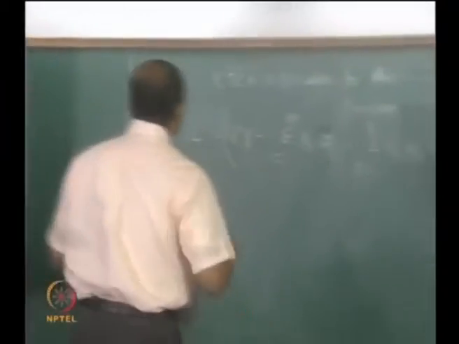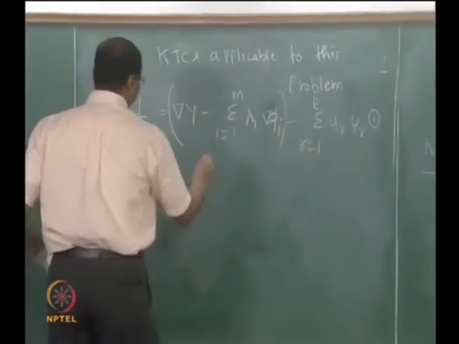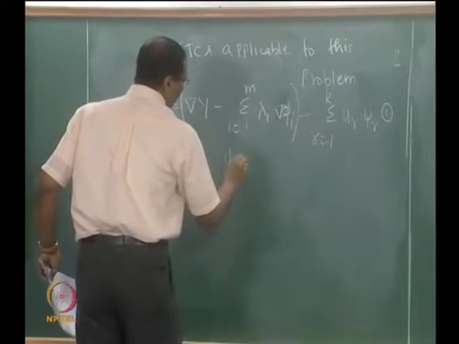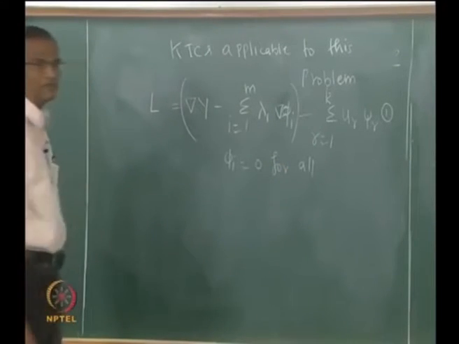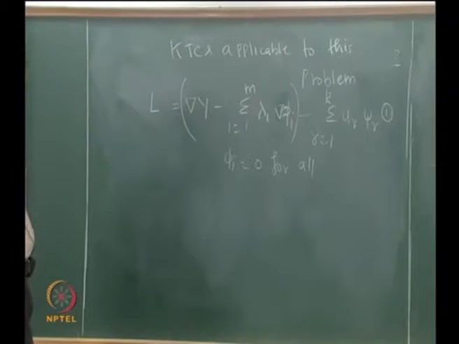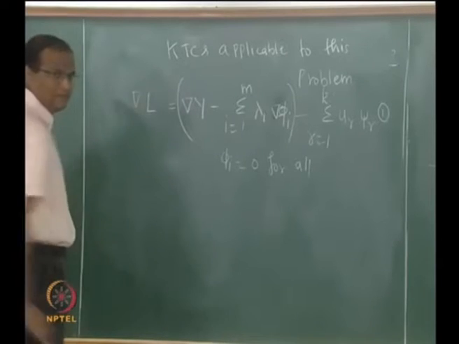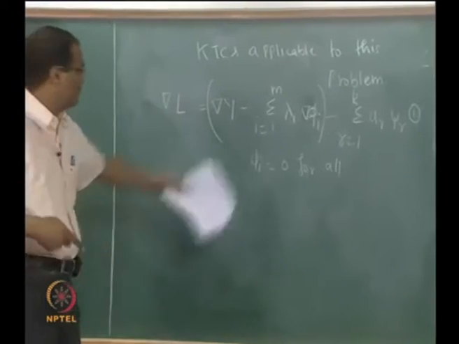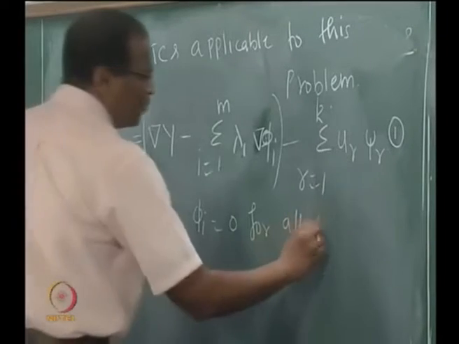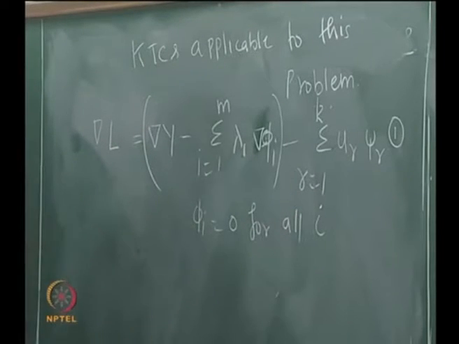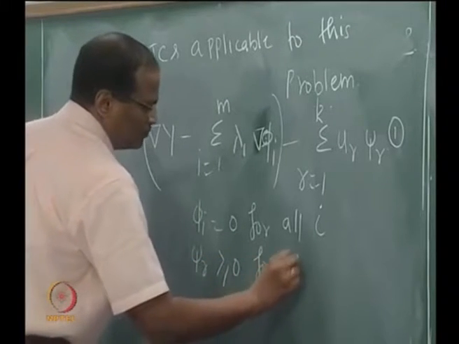Now we can call this equation 1, then phi i equal to 0 for all i, that is i equal to 1 to m, then psi r is greater than or equal to 0 for all r.